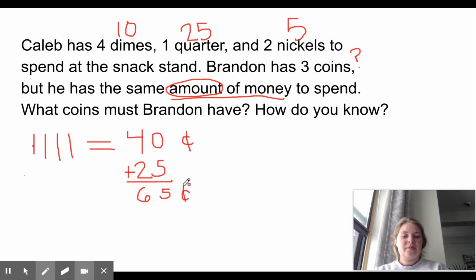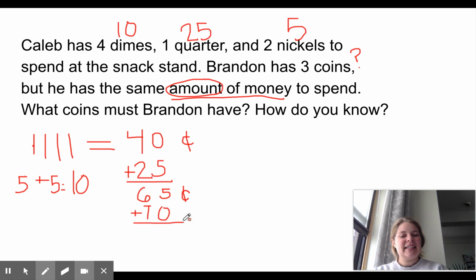Good. And then 2 nickels. 2 nickels is 5. So 5 plus 5. What does that equal? That equals 10. Good. So 65 plus 10 is, any ideas?